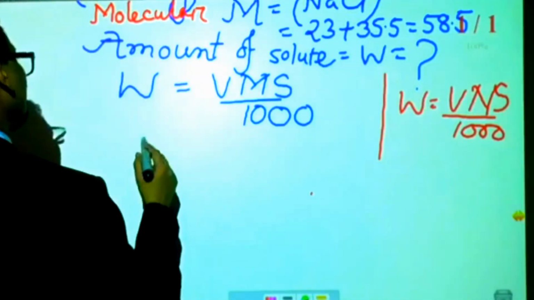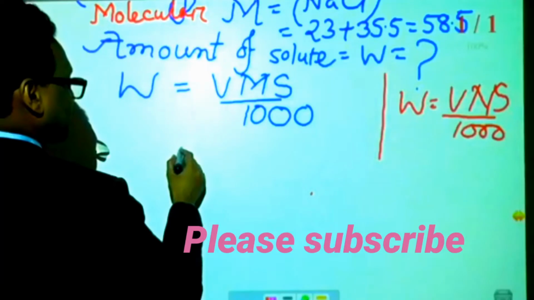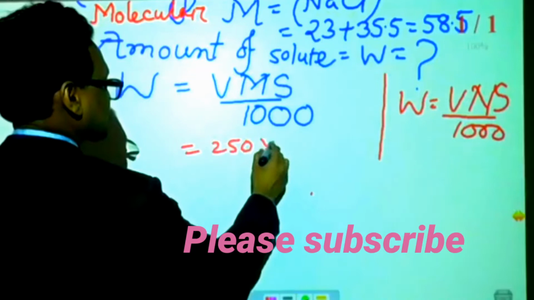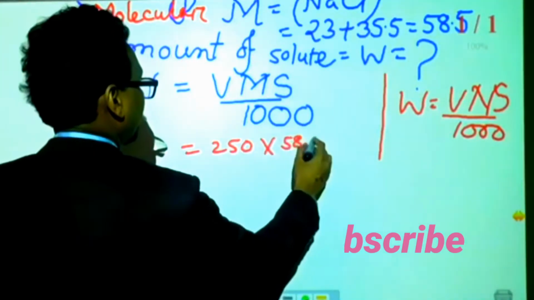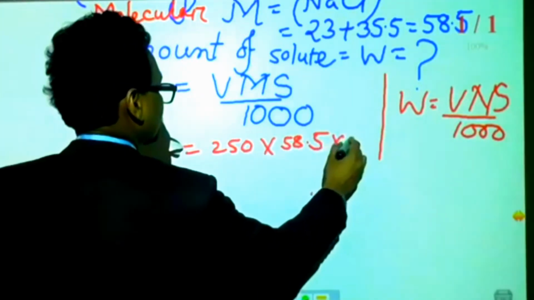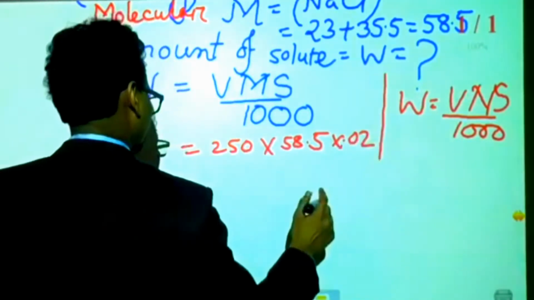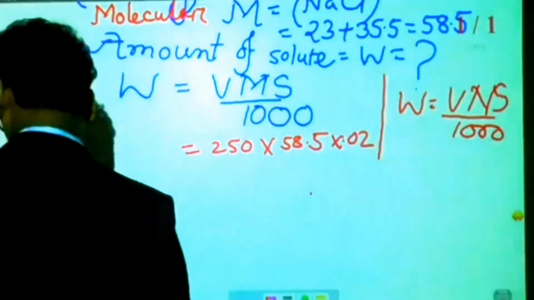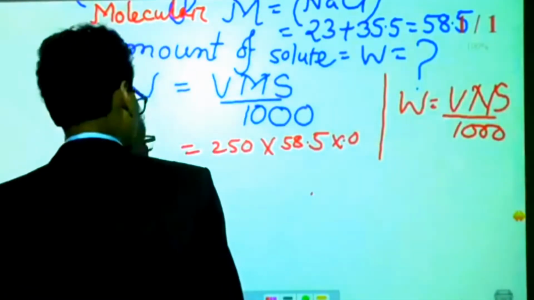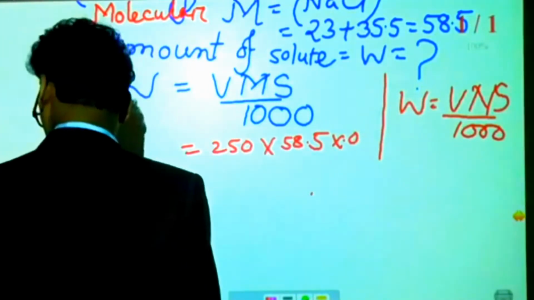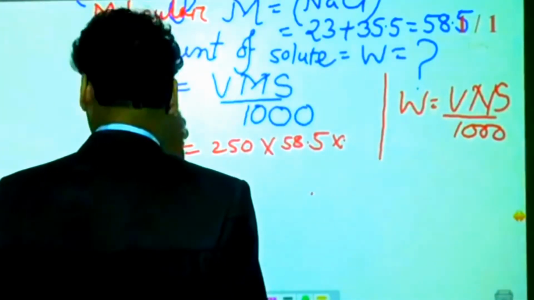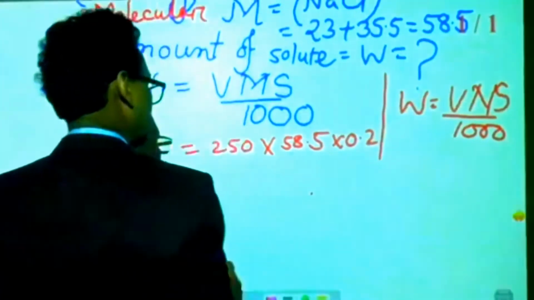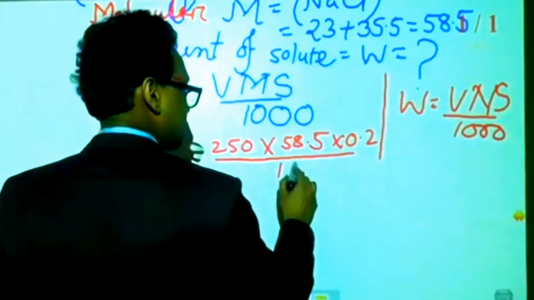So my dear, let's put the value of V. You know, 250 milliliter and mass 58.5 and concentration 0.2, sorry, 0.02 molar, and it will be calculated in 1000.